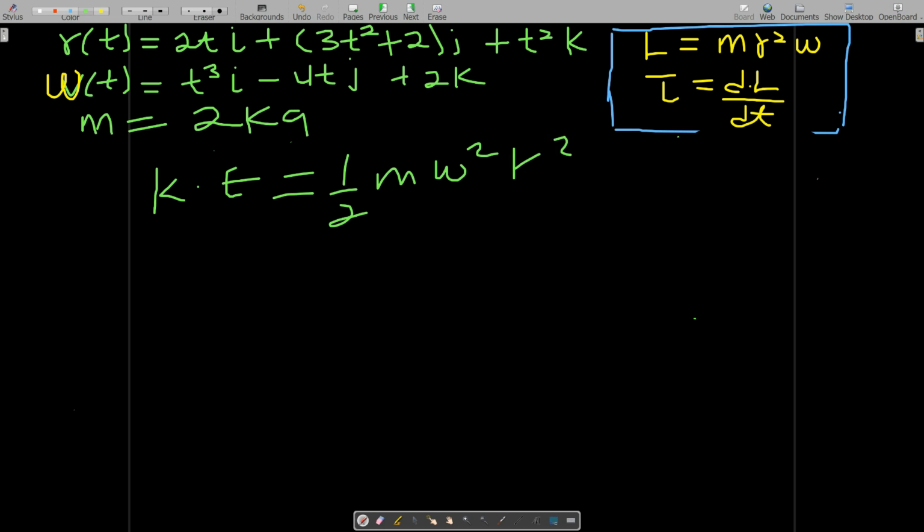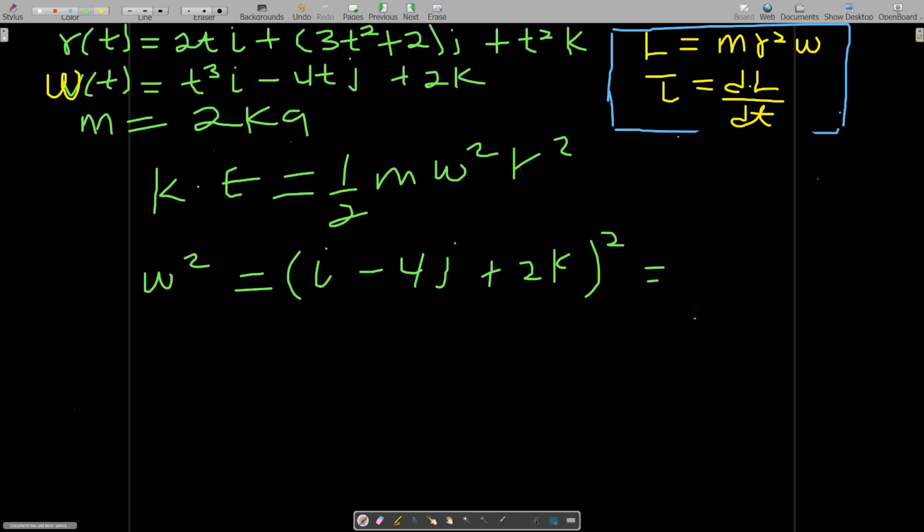Now at time t equals 1, omega squared will be equal to what? i minus 4j plus 2k, this squared. So it's like it dotted with itself, and that will give me 1 plus negative 4 times negative 4, that is 16, plus 2 times 2, which is 4, so we get 1 plus 16 plus 4, and that is 21.